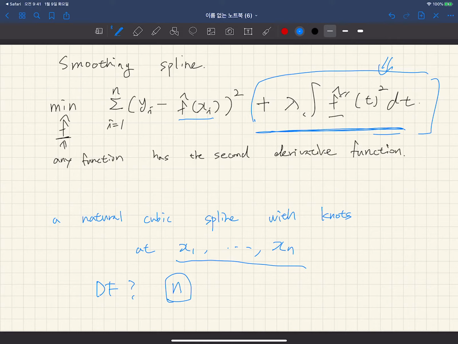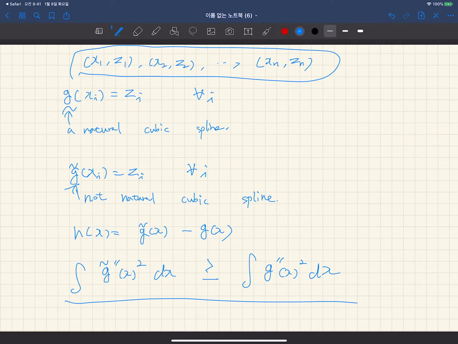So there's no reason to pick a function that is not a natural cubic spline. This is enough to show the solution of smoothing spline is a natural cubic spline. Okay, how can you show this?